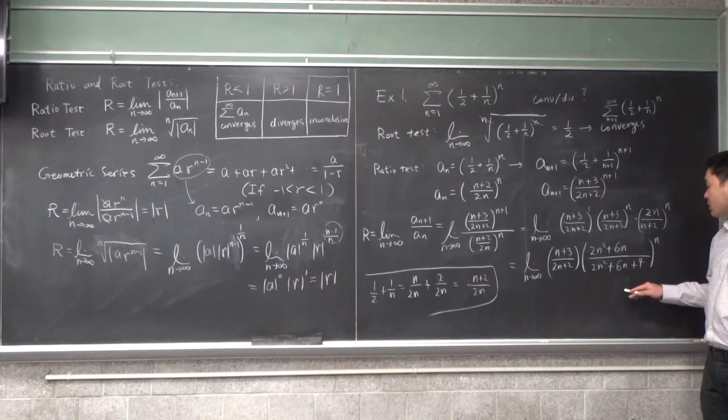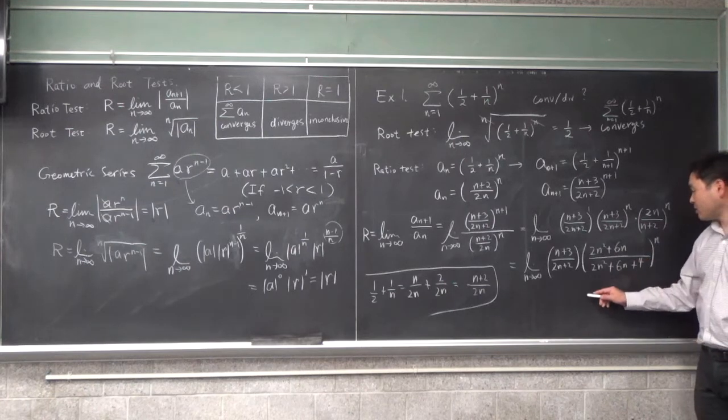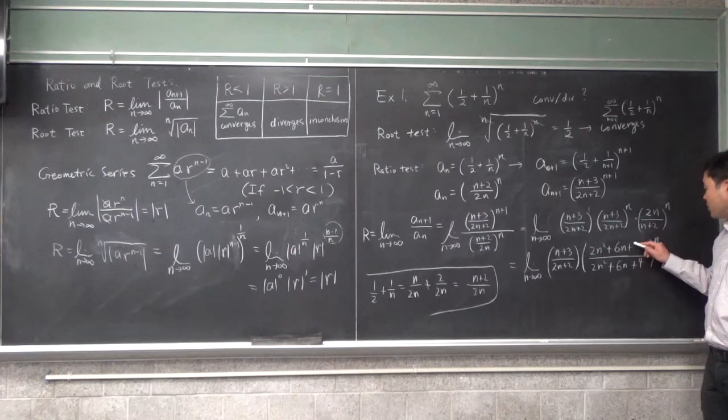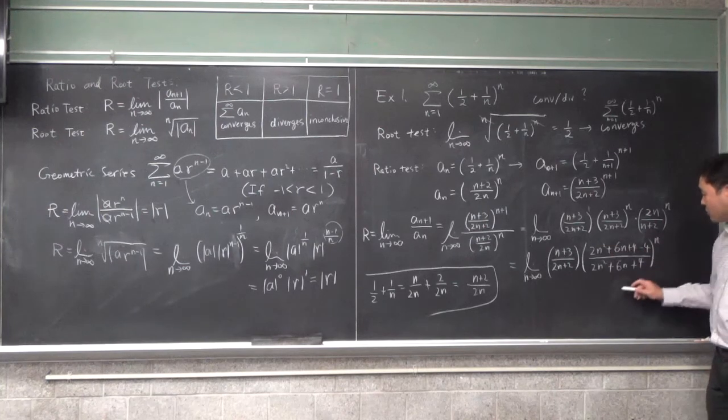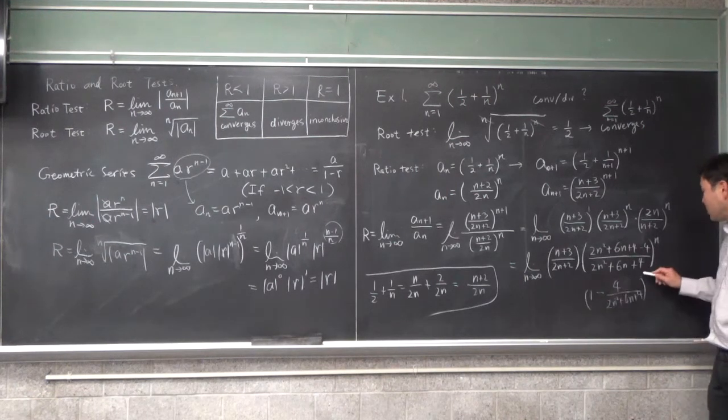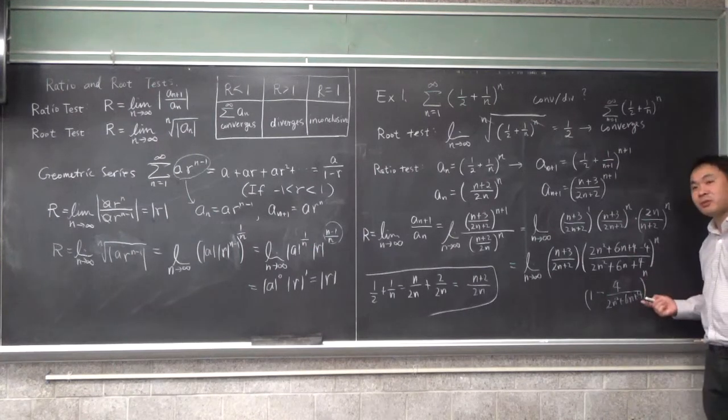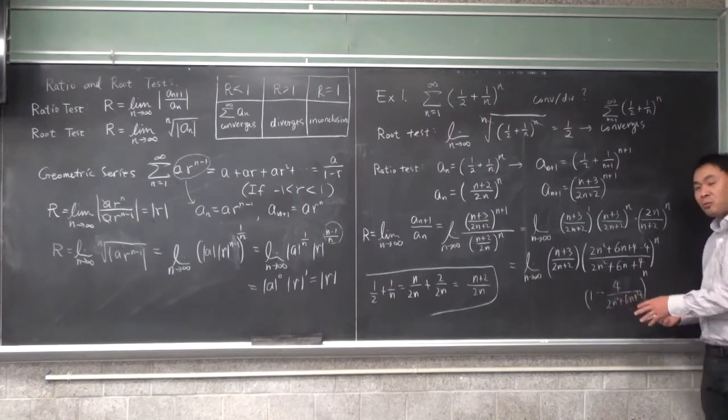So what happens is that if you rewrite this as put plus 4 and minus 4, so that this is the same thing as the bottom, which gives you 1, then minus 4, 2n squared plus 6n plus 4, and then to the nth power. And then after this, you can use the L'Hopital's.